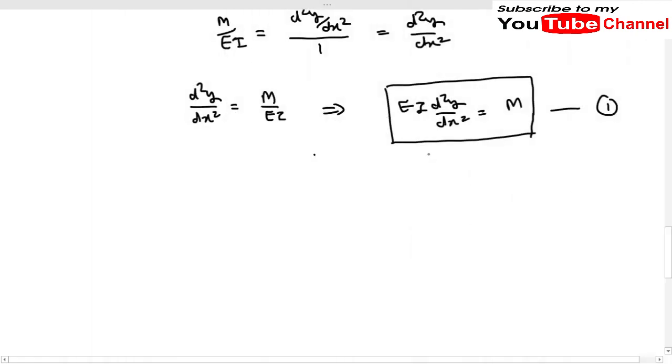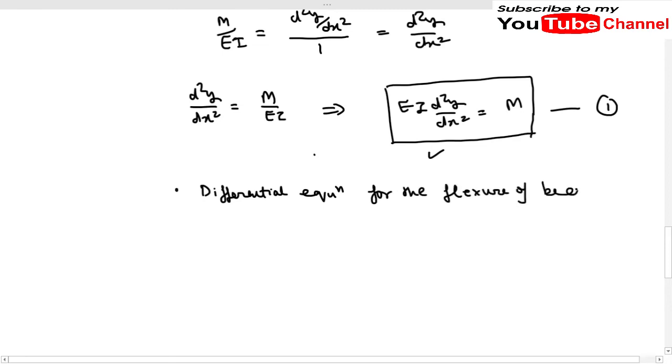This equation is also known as the differential equation for the flexure of beam. In this equation we have two terms: the first term is EI and the other term is d2y over dx square, and M is the bending moment at that section.